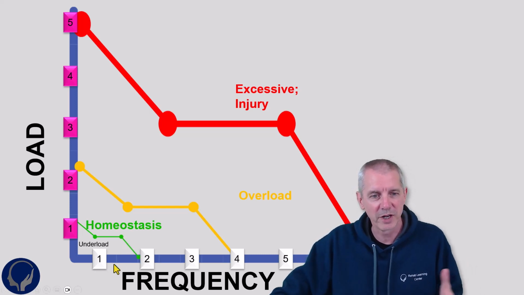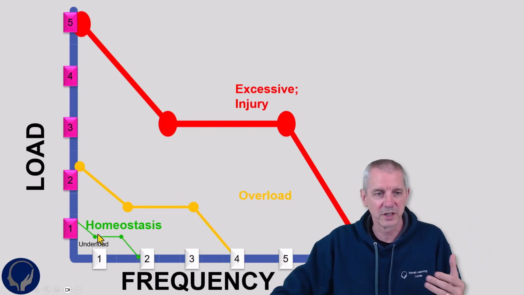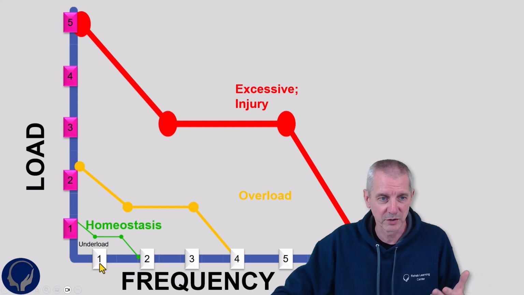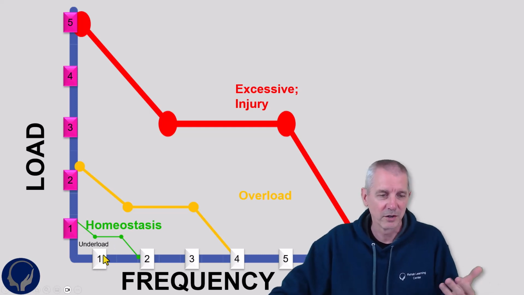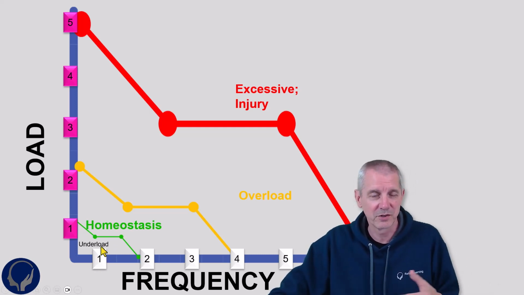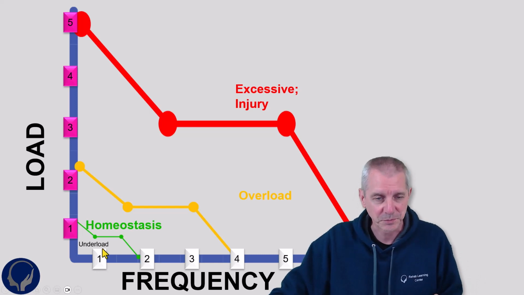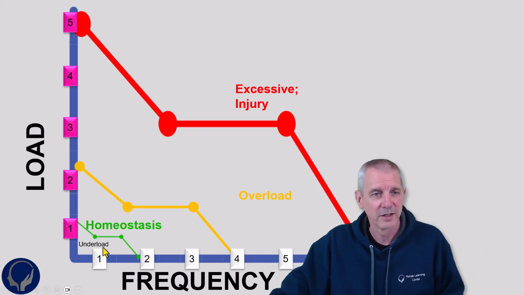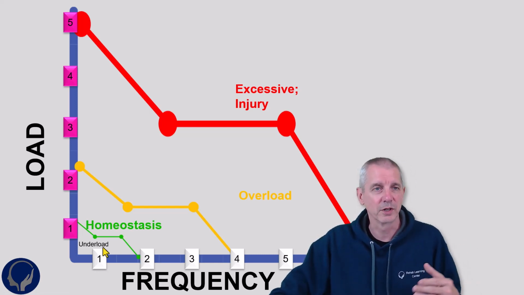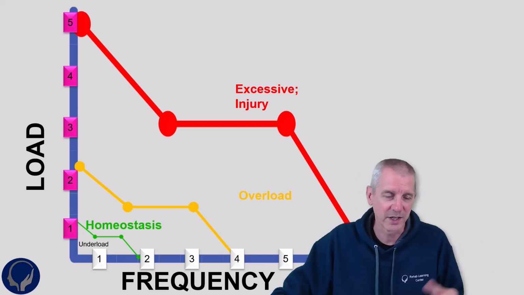So it's this combination of frequency and the amount of load that gets you into, for example, the underloaded area. If it was 1 and 1, you're not loading the tissue enough, and so the tissue is going to get weaker, and atrophy.